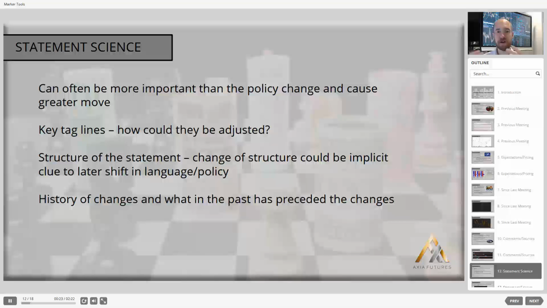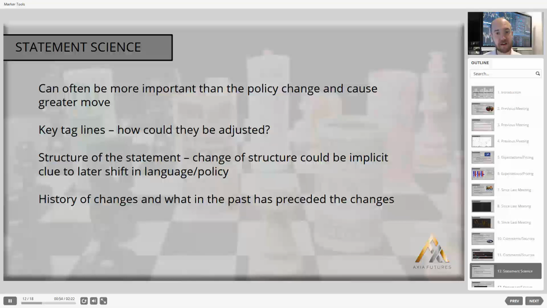So it's understanding how these statements are built that allows you to start sifting through them and look for certain areas that are changing or implying something. They will often use certain phrases and certain areas of their statement to tell you more about what's going forward. This can often, and in the ECB's case has often been, more important than the actual policy change, as I mentioned earlier with the phrase strong vigilance.